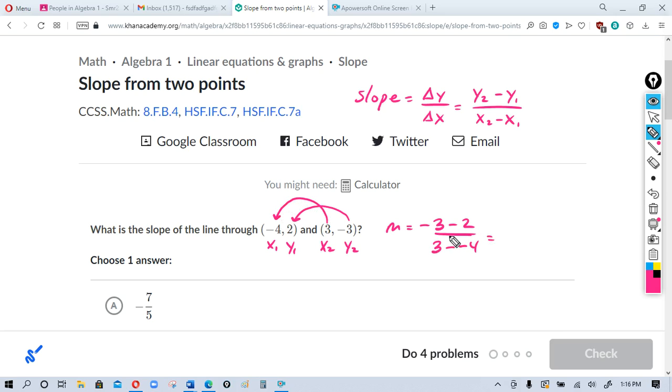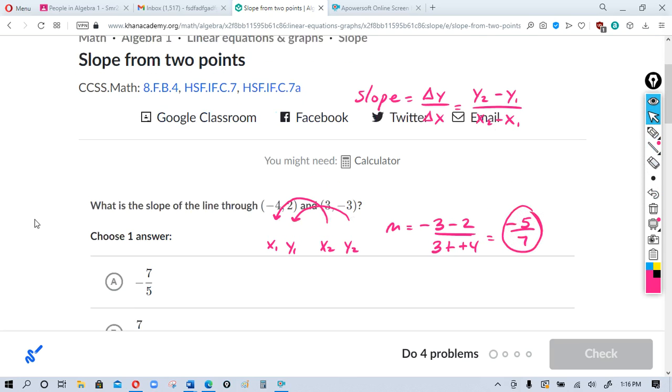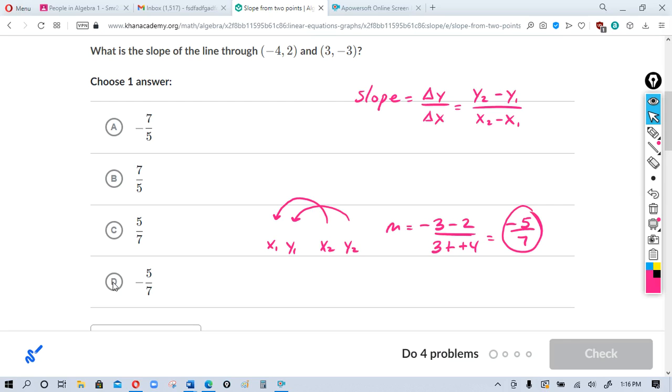Okay, on the calculator, if you need it, negative 3 minus 2 is negative 5. And recall, 2 negatives in a row make it positive. So 3 plus 4 is just 7. And it should be multiple choice. Negative 5 over 7. Answer D.